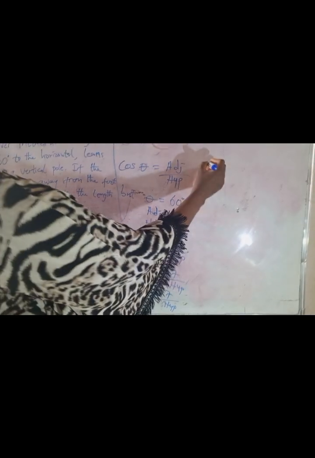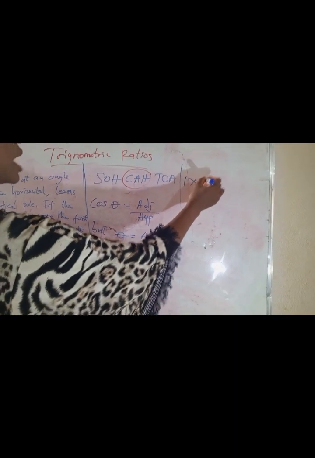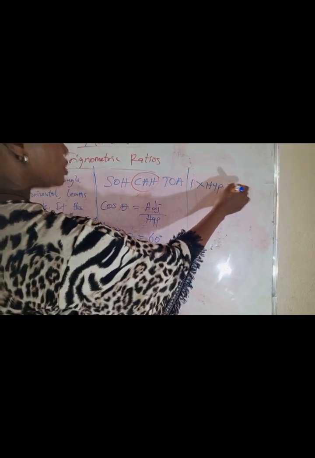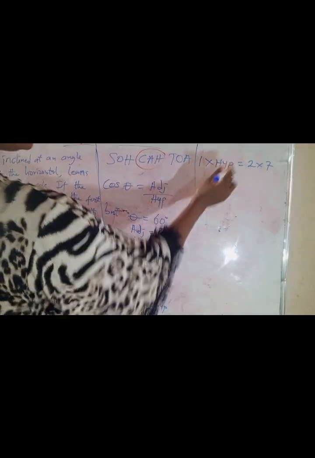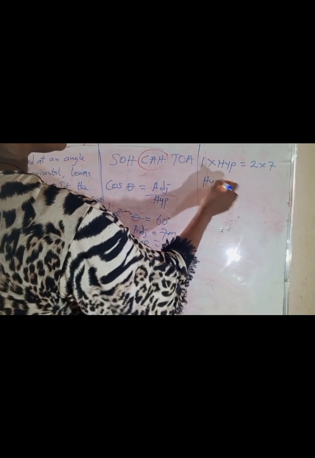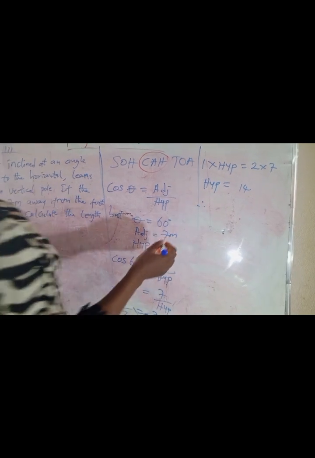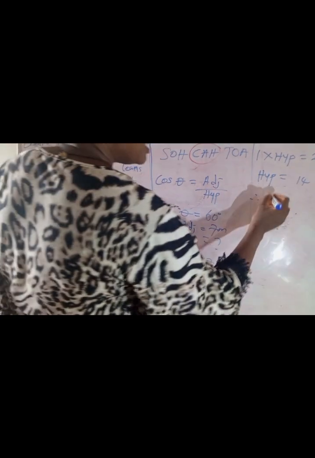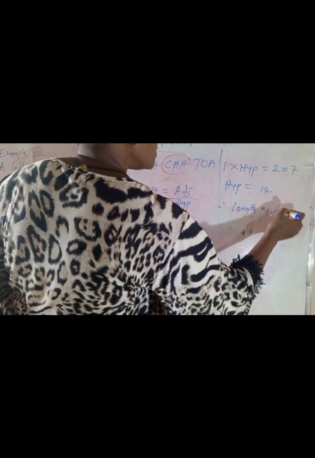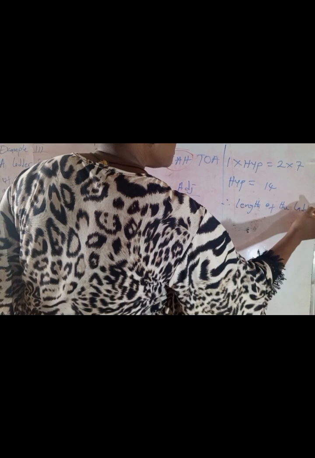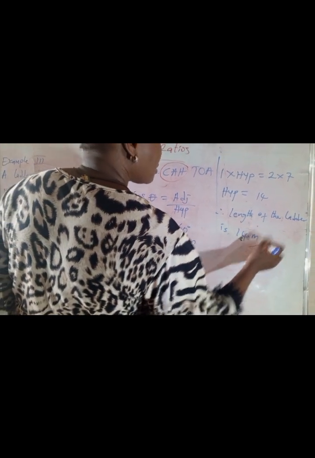So you now have 1 times hypotenuse is equal to 2 times 7. 1 times hypotenuse will still give you hypotenuse is equal to 2 times 7, which is 14. Therefore, the length of the ladder is 14 meters. Answer.